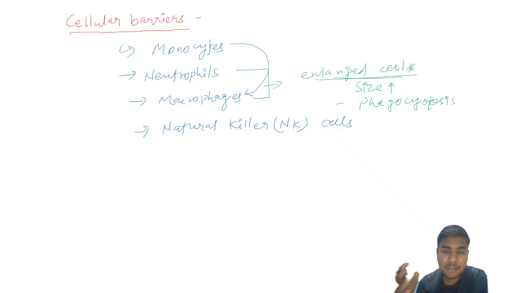They phagocytose the pathogens or any foreign molecules. Phagocytosis, that is, they engulf the foreign molecules and remove the toxicity caused by either foreign molecules or pathogens. So it is neutrophils or macrophages which have their role in phagocytosis, preventing pathogens, microbes, and also harmful chemicals.